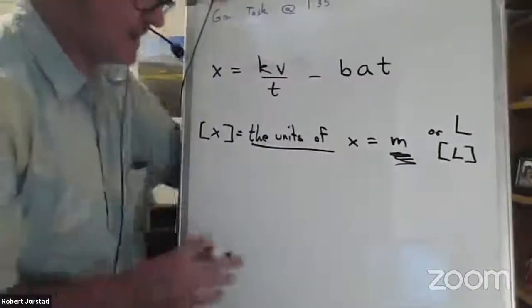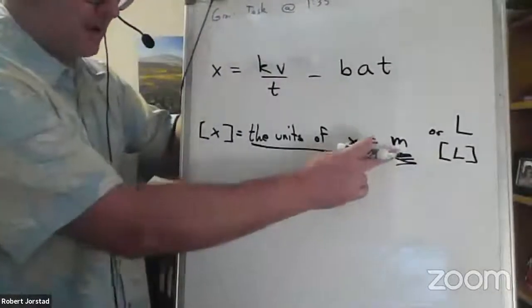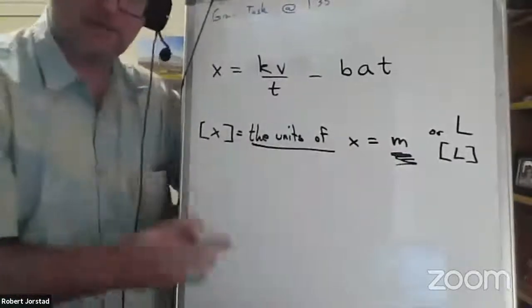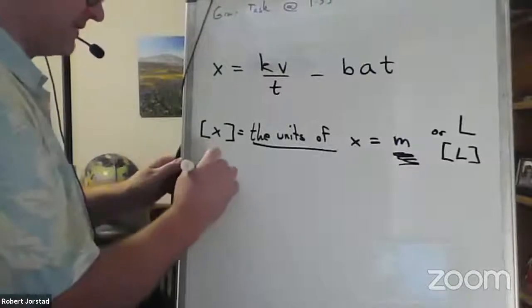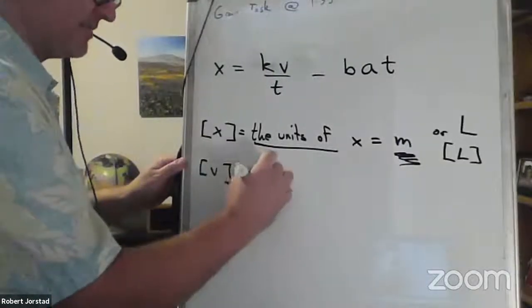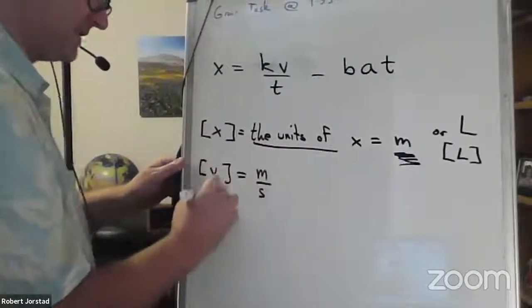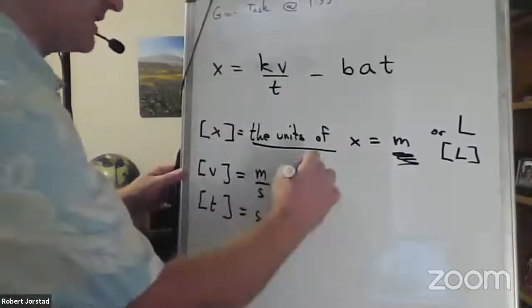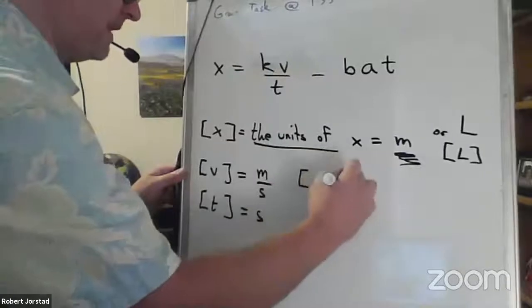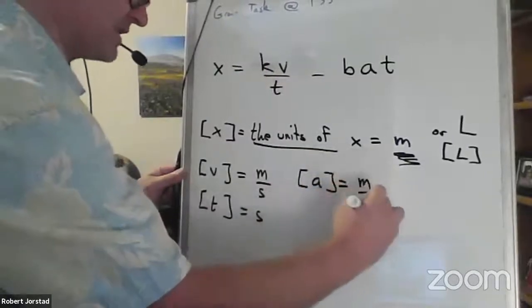So notice M is different from the units of M, okay? Anyways, let's say the units of V, those are typically meters per second. The units of T are usually seconds. The units of A are usually meters per second squared.